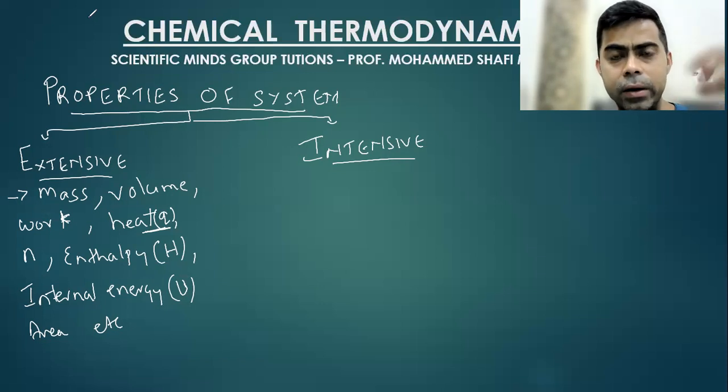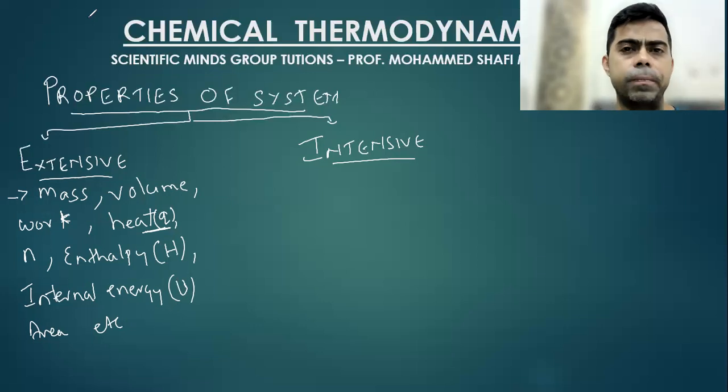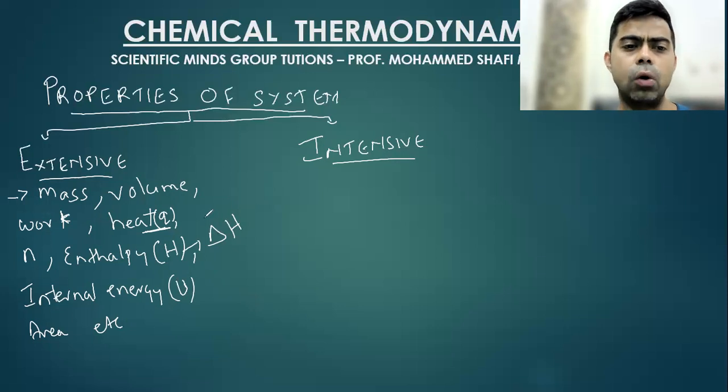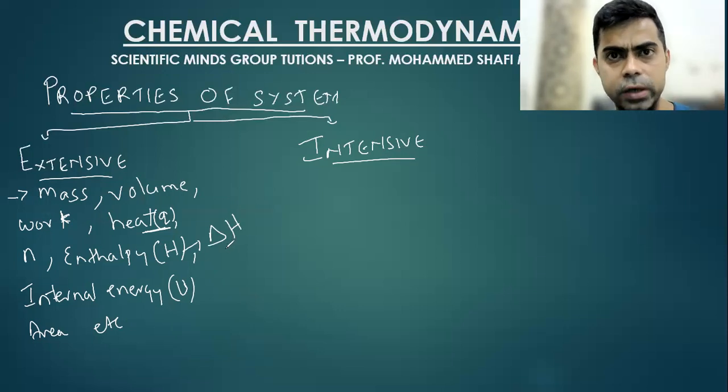At that time, if the pressure is constant during the boiling of liquid, the heat content of the system will be called enthalpy, and we actually calculate delta H. If you remember from your 11th standard, enthalpy of ionization, change in enthalpy of electron gain, enthalpy of solution, hydration energy, all these things: the heat content of the system at a constant pressure, or flow of heat at a constant pressure, that is called enthalpy.